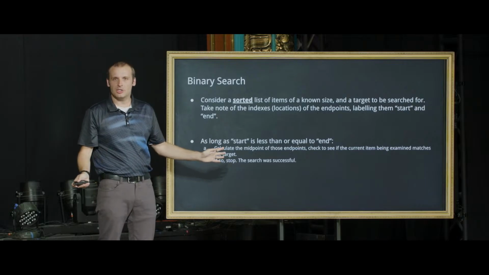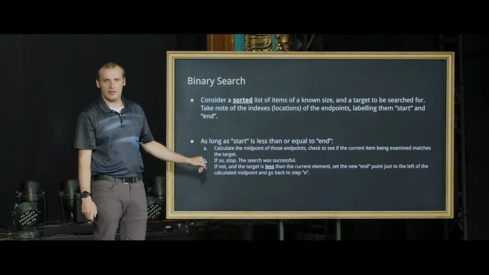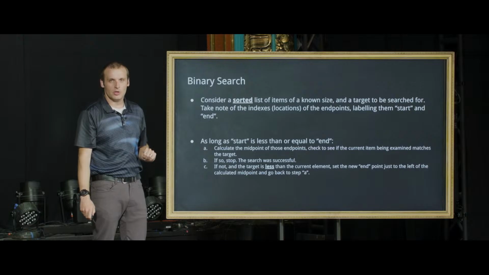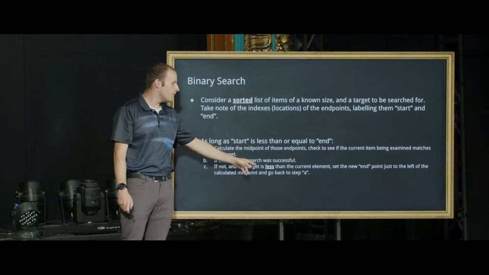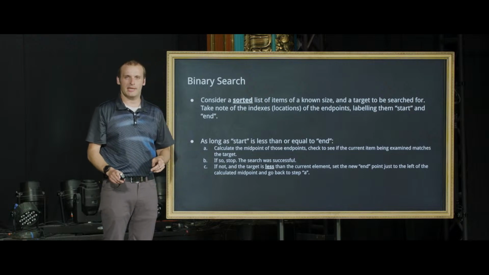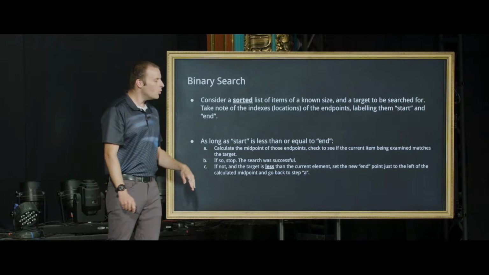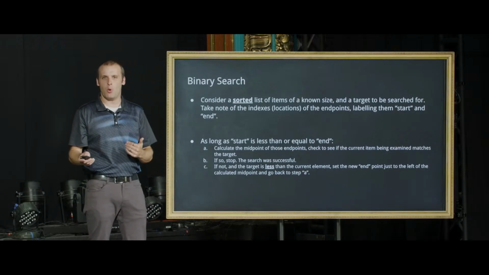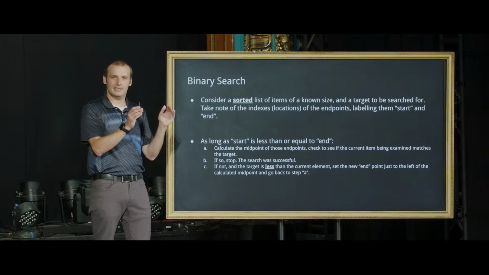If so, we can stop, just like linear search. The search was successful. If not, though, and this is where we can take advantage of the fact that this list is sorted, and what we are looking for is less than the current element, you can imagine that would be to the left of the current element. We can instead change our endpoint to look at a smaller subset of that list.